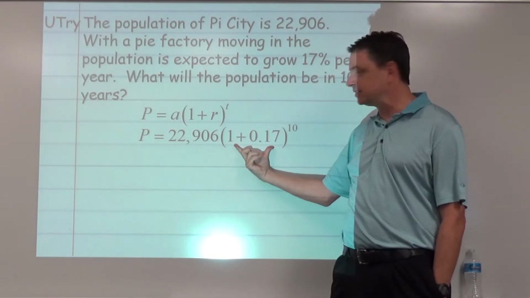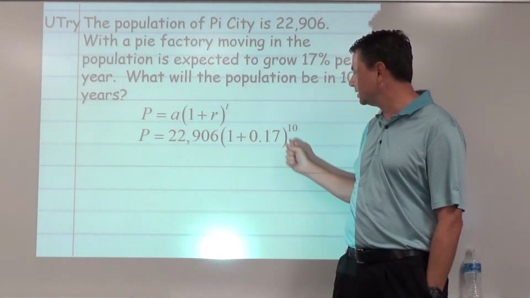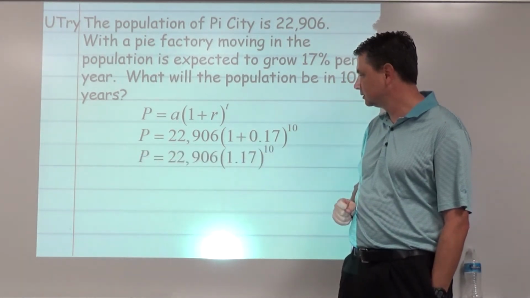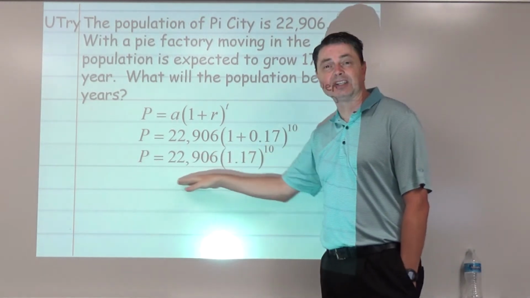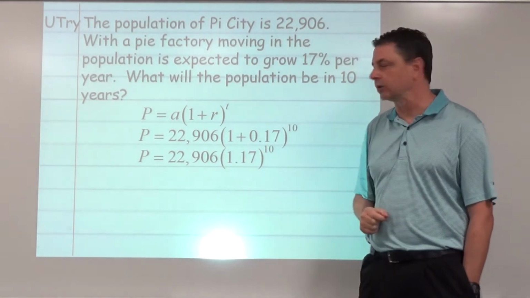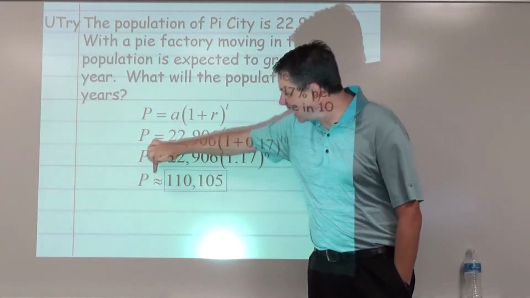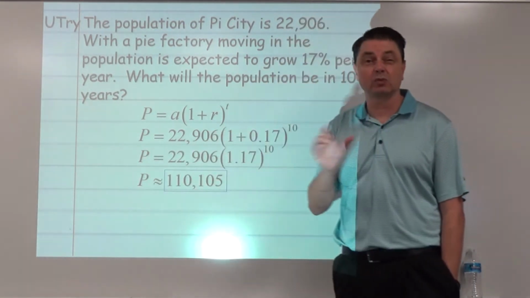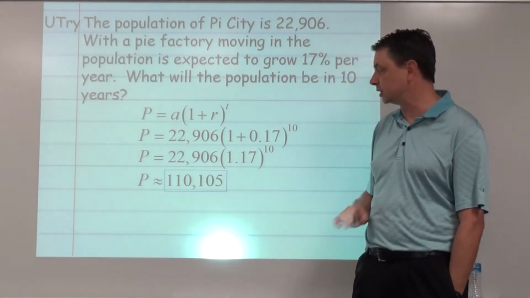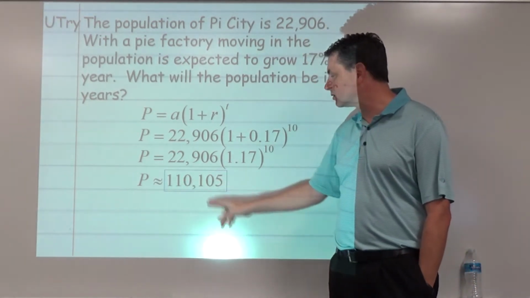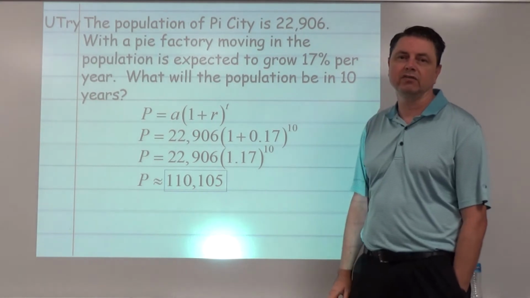And we'll go ahead and add these together to make 1.17. And then if you type that into your calculator and round correctly, we're going to get a population of just about, notice I used the wavy equal sign because we did round off, this is an approximation, 110,105.